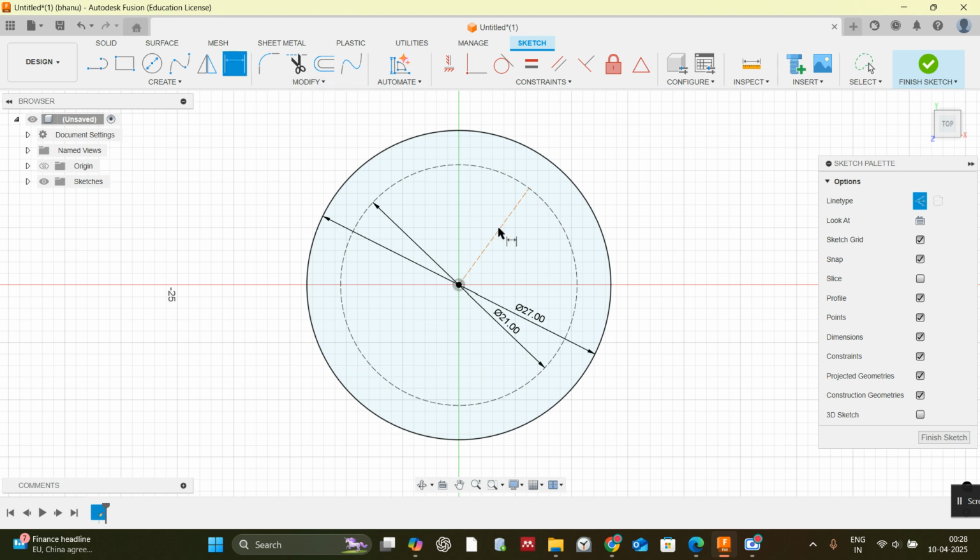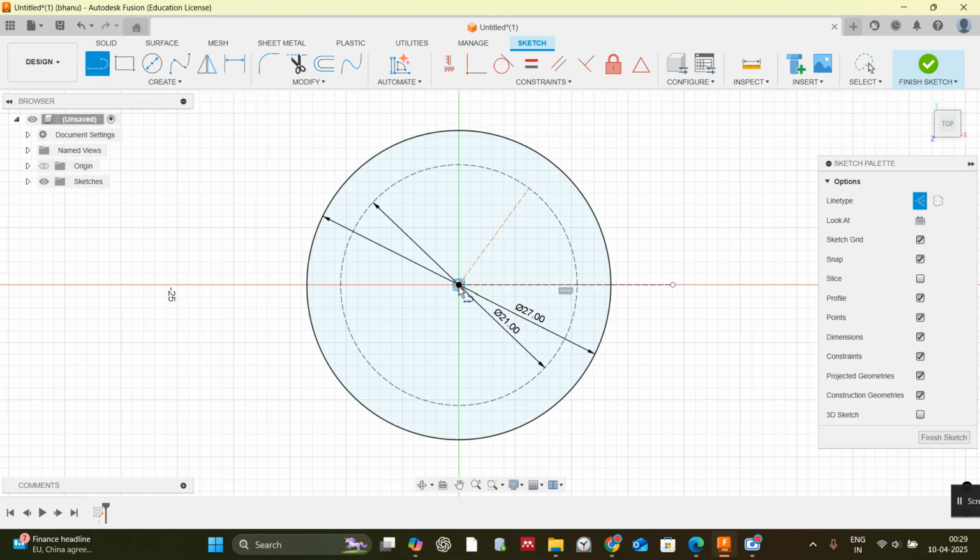So let's take this one as 45 degrees. We have to create another construction line from here.